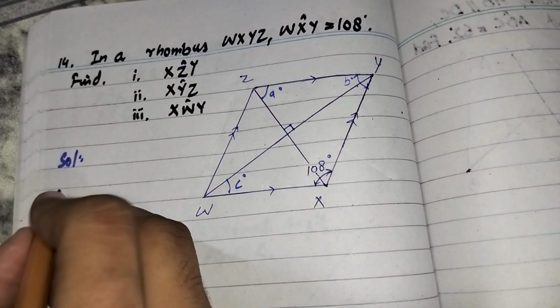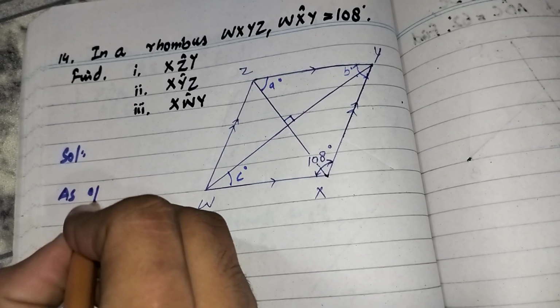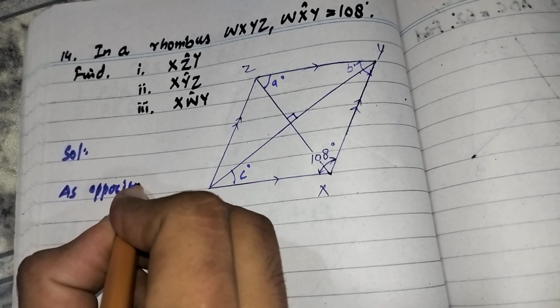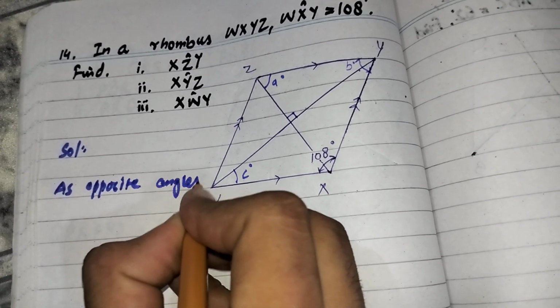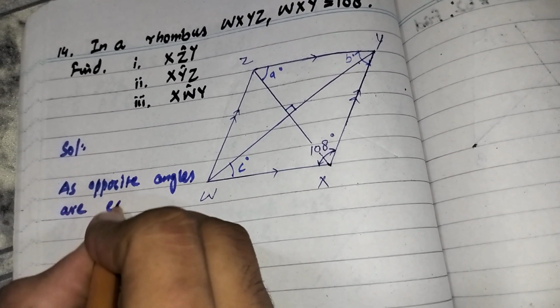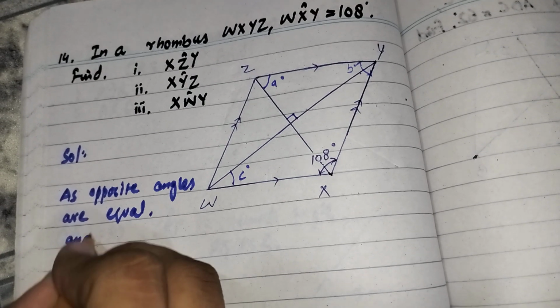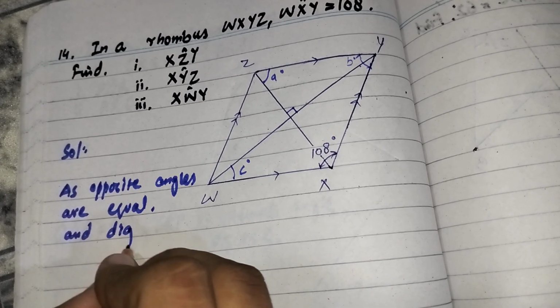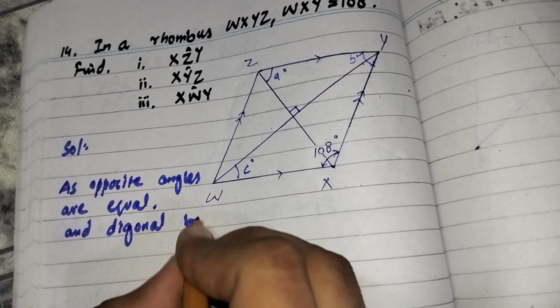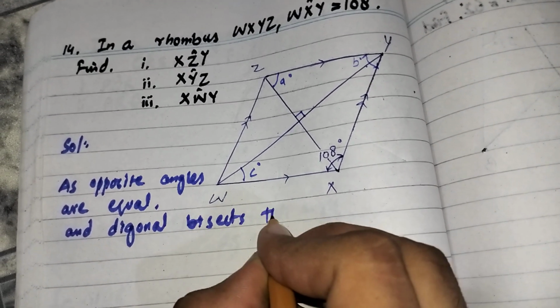So opposite angles are equal and the diagonal bisects the angle.